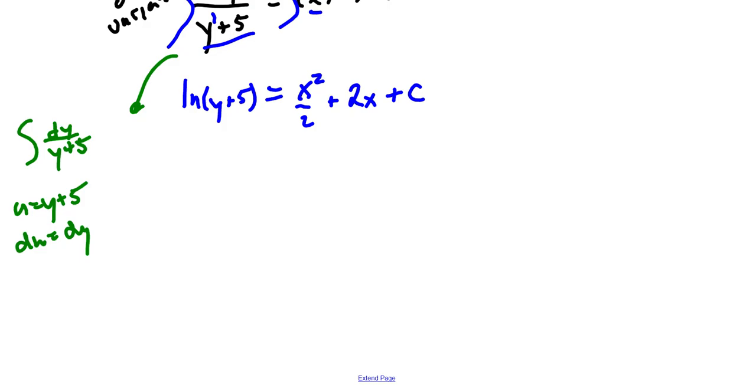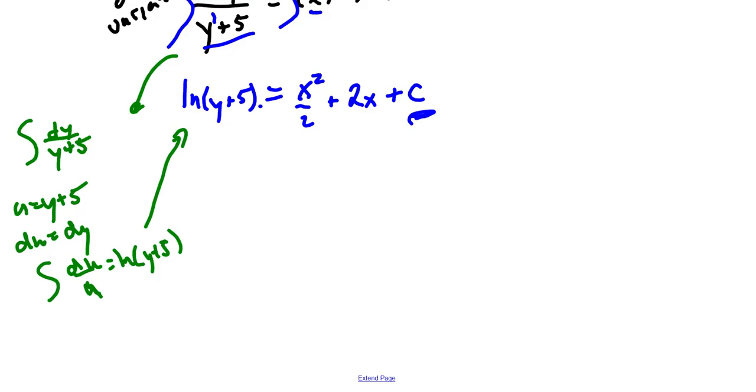And if I put everything back in there, we're going to have the integral of du over u, which is equal to the natural log of u, which is y plus 5. And that's why we have our answer right there. Okay, just sharing that with you. Now, remember our c. We don't need to put another c over here once again because when you add the c's together, they just become c again. So we only need one universal constant.